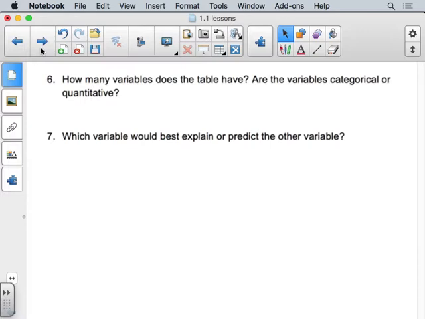So how many variables does this table have, and are the variables categorical or quantitative? I was helping a group, and the question on the first question, number 2, was what was our variable on the original question? Favorite subject. So the variable was favorite elective class. And it wasn't how many choices you had, it was the favorite elective class.